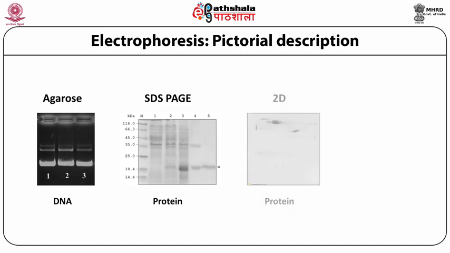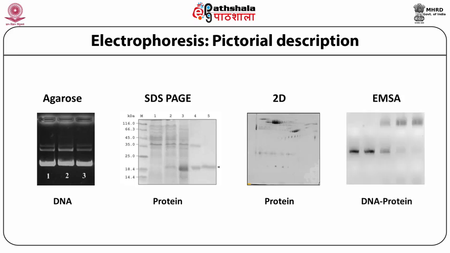Third, you have 2D or two-dimensional electrophoresis where we again separate the molecule called protein based on two dimensions. And finally, you have the EMSA or the electrophoretic mobility shift assay, where we study the interaction between the DNA and the protein.